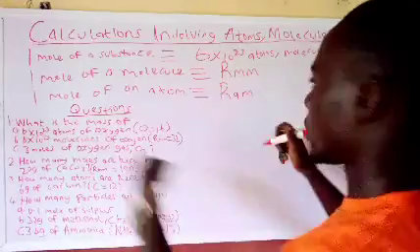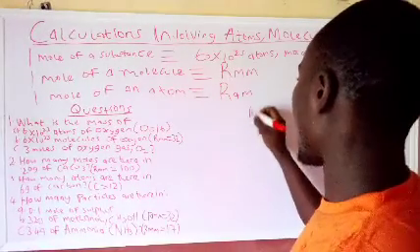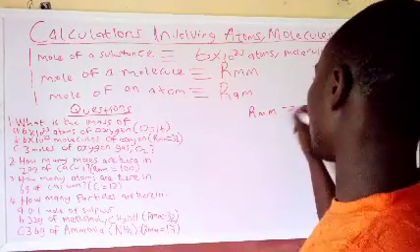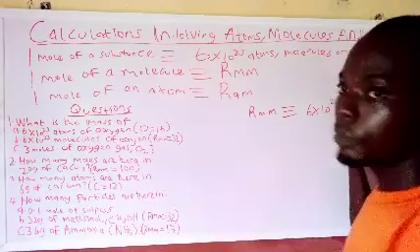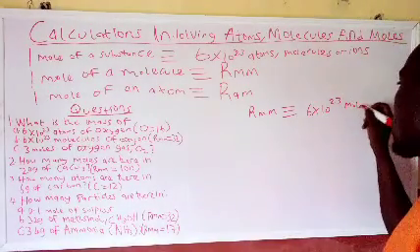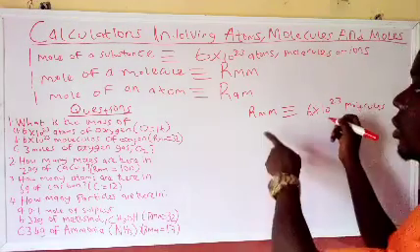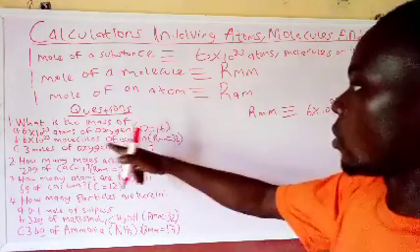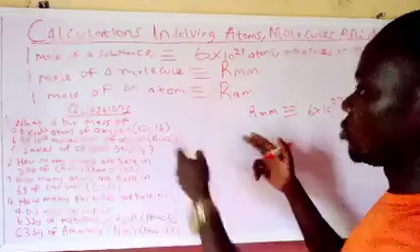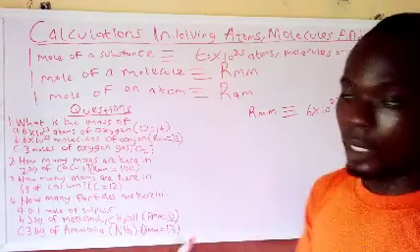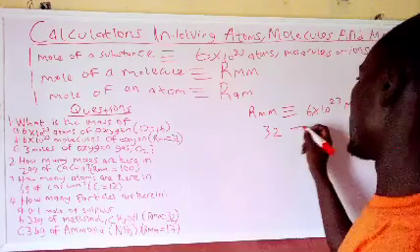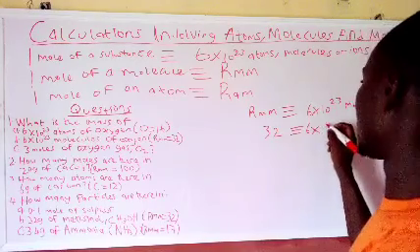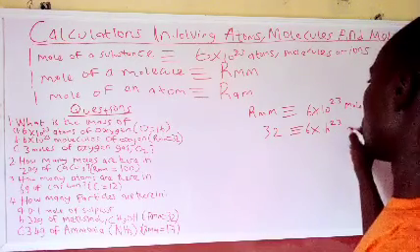So now the Rmm is equivalent to 6 times 10 raised to the power 23 molecules. Can you see? So now what's the Rmm of oxygen? That's 32. If by now you don't know how to find Rmm, you can go and check our previous video. So 32 is equivalent to 6 times 10 raised to the power 23 molecules.